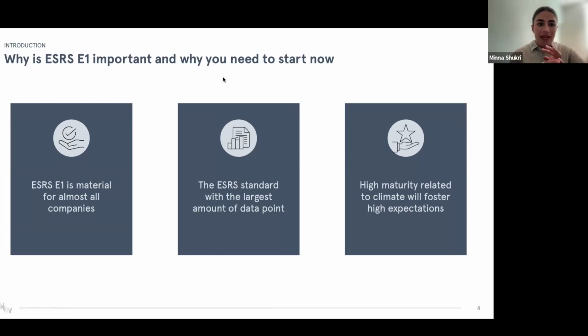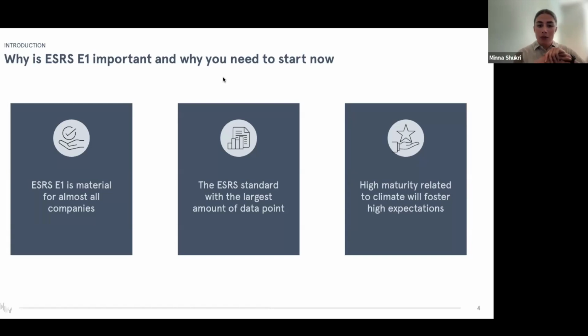And thirdly, since climate and everything related to climate has been an ongoing topic and something that most companies have worked with, it is also one of the most mature topics under the ESRS, which then fosters quite high expectations from both internal and external stakeholders.